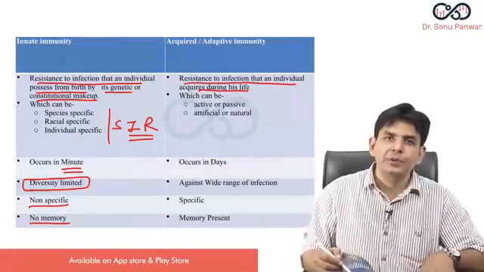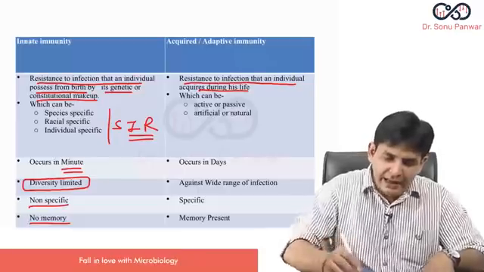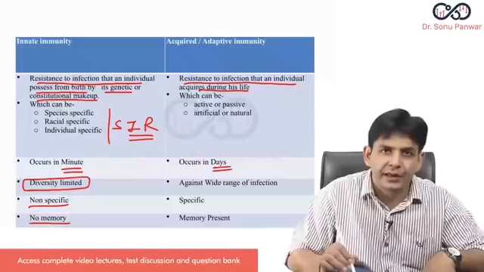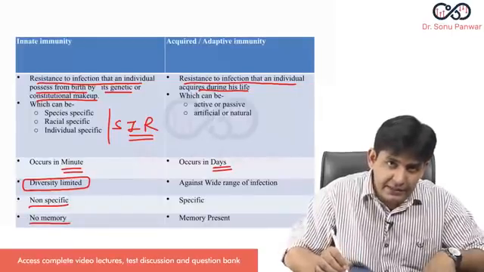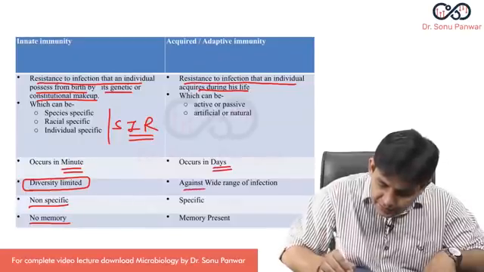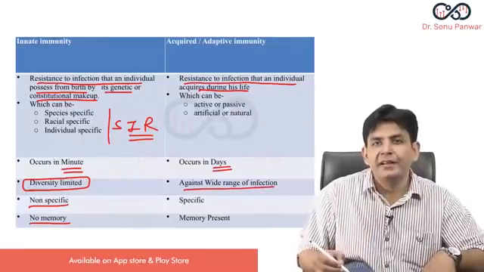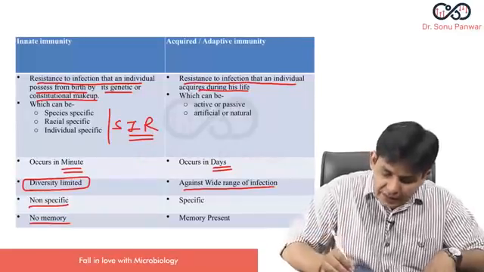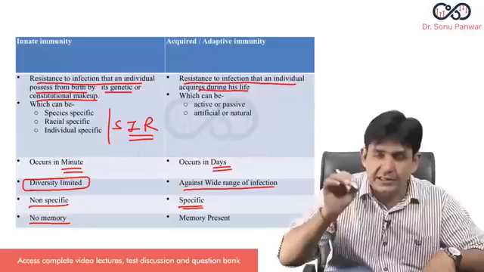This also you need to remember. Then acquired or adaptive immunity takes time, but it lasts for a lifetime. It acts against a wide range of infections. It's not diversity limited, it is unlimited. And it is specific against that particular antigen.